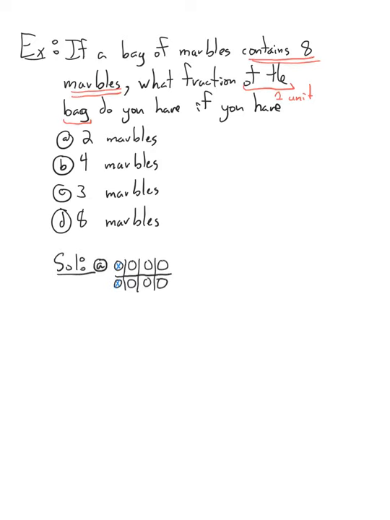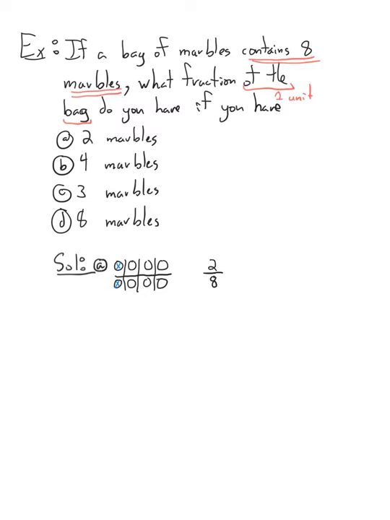So each piece, each marble, is 1/8. So we know our denominator is 8 in this case, since we broke up our bag into 8 equal pieces, each piece having 1 marble. And how many pieces do we have? We have 2 of them.